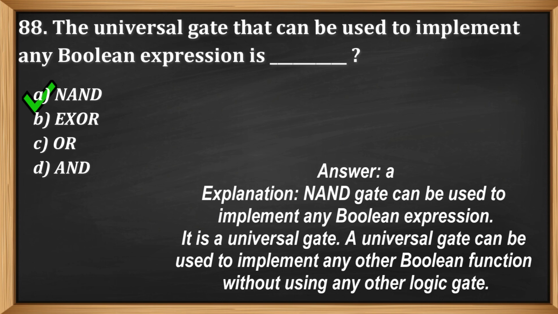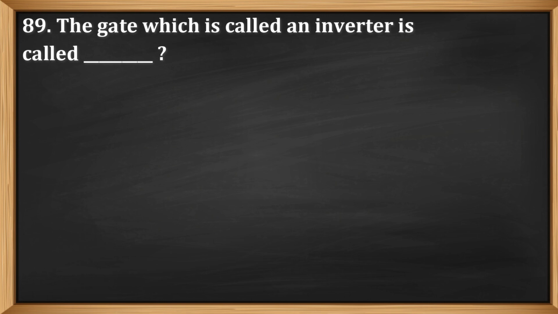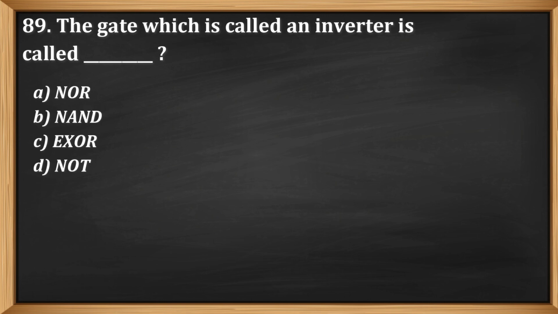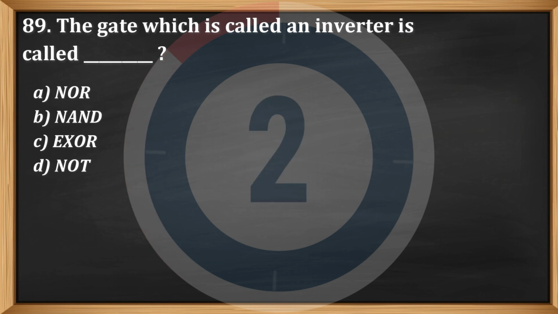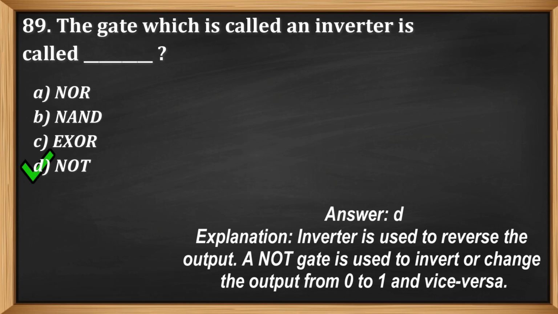The universal gate that can be used to implement any Boolean expression is option A, NAND. The gate which is called an inverter is option D, NOT.